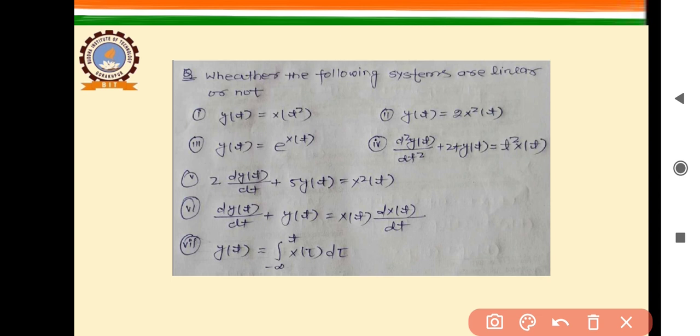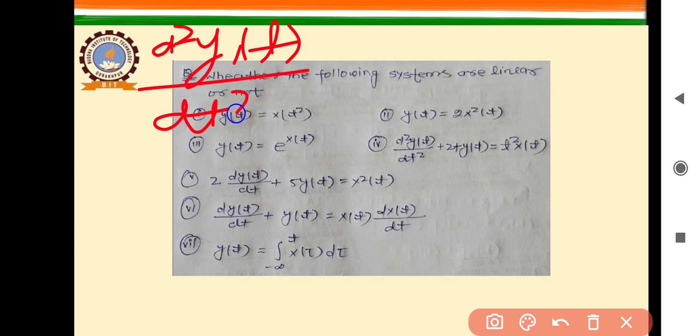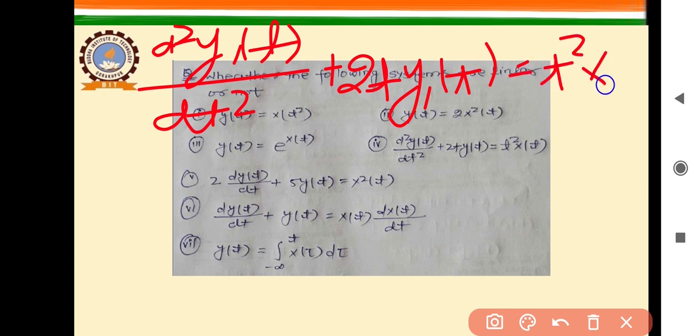Next example is d2y(t) by dt square plus 2t y(t) is equal to t square x(t). In the same way, we can check the additivity of this system as d square y1(t) by dt square plus 2t y1(t) is equal to t square x1(t).